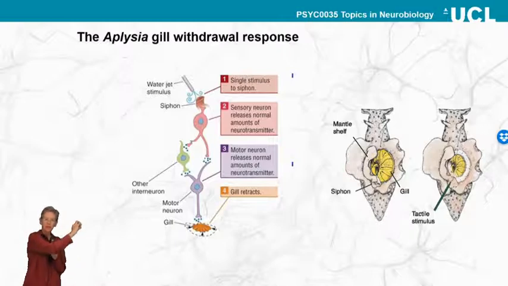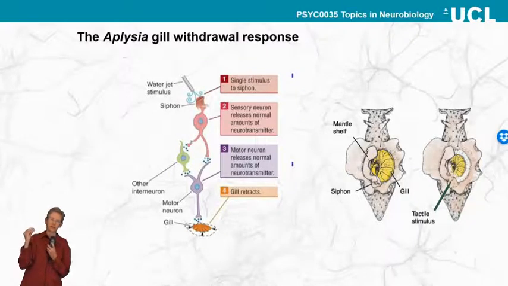If you apply a single stimulus to the siphon, then the sensory neuron will release normal amounts of neurotransmitter, and the muscle in the gill will produce a response that results in the withdrawal. If you repeatedly apply that stimulus, then the sensory neuron starts to produce less and less neurotransmitter. So the strength of the conduction of that signal from the sensory input to the motor output is getting less. That's what habituation is. It's a decrease in the strength of that synapse, so synaptic plasticity.